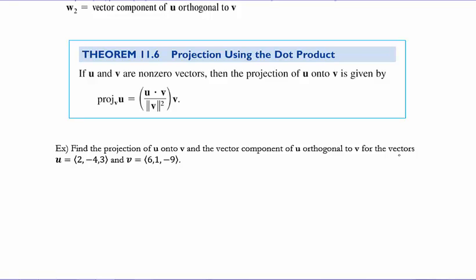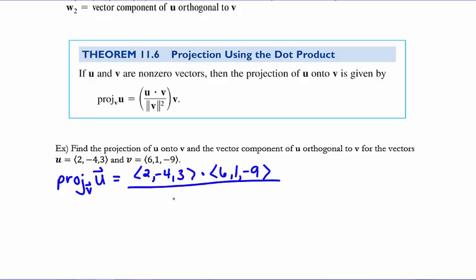All right, let's use that formula to find the projection of u onto v and the vector component of u orthogonal to v. So here's u, here's v. Let's do the projection. The projection of u onto v is going to be u dot v over the magnitude of v squared, times vector v.